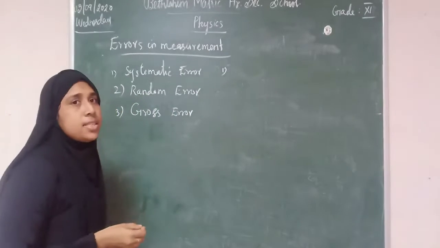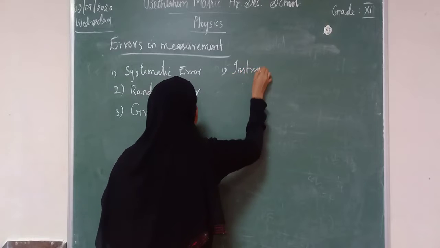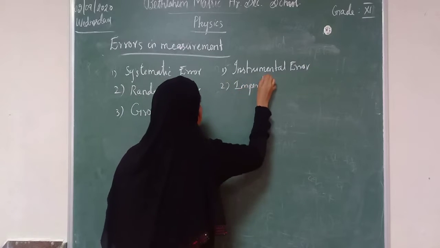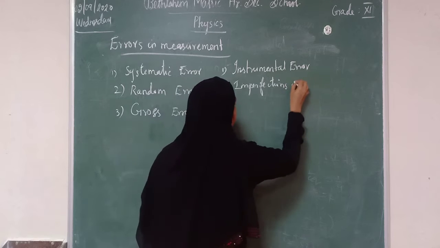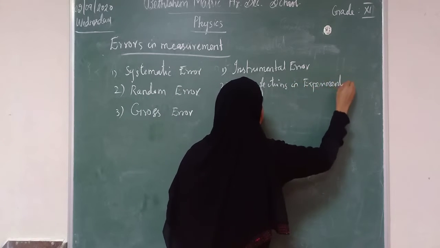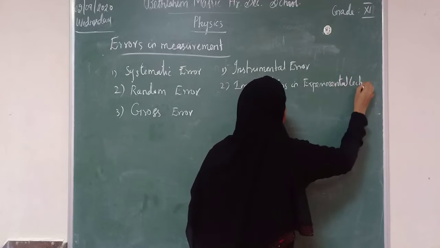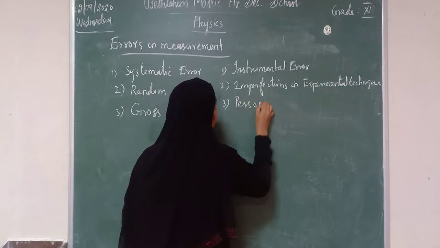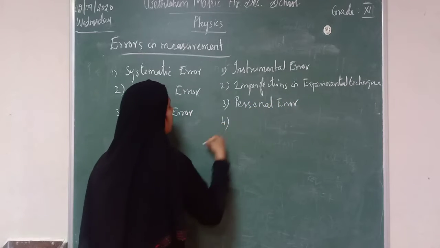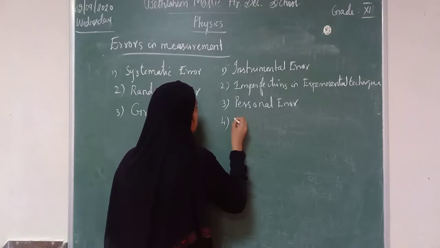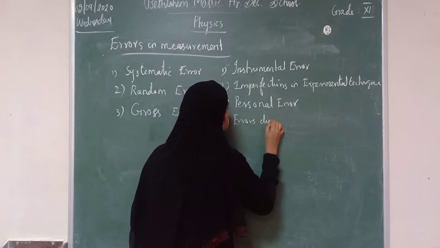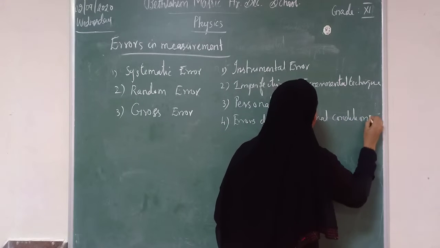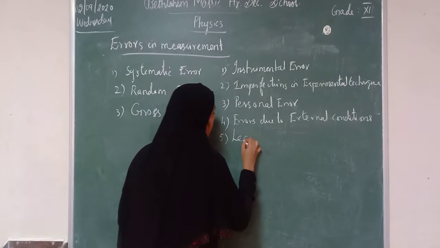First one, the systematic error may be due to instrumental error, imperfections in the experimental technique, personal error, errors due to external conditions, least count error.